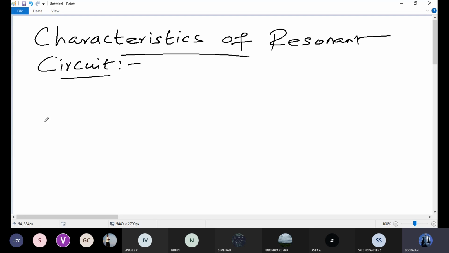First one, for the LCR circuit, the inductance, capacitance and resistance are connected in series. In this circuit, XL is equal to XC. The reactance of the inductance and the reactance of the capacitance are both equal. That is the first condition. Only then is it possible for a resonant circuit.